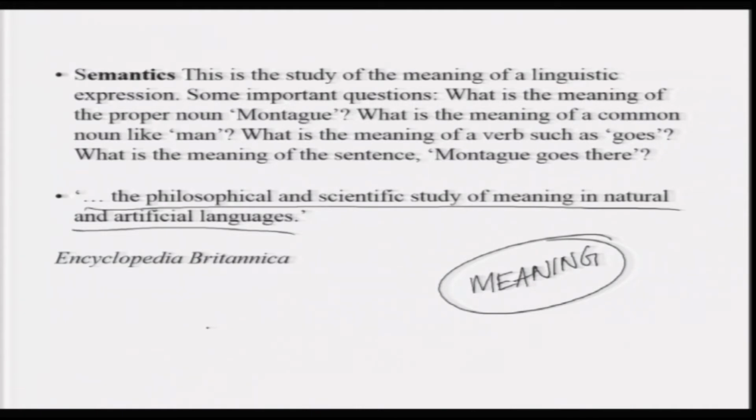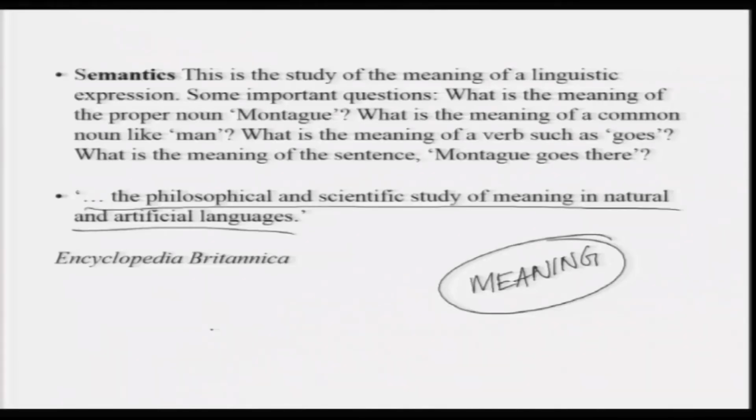For example, unmarried man and bachelor are synonyms. There are many such meaning relations, and antonyms are opposed to each other as far as meanings are concerned. So we already deal with a lot of semantics in our everyday life.